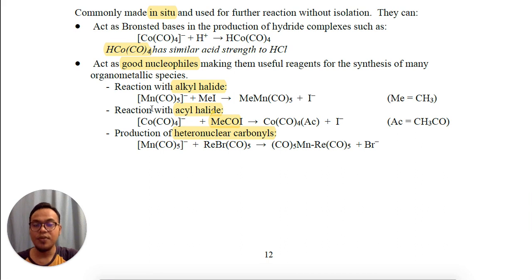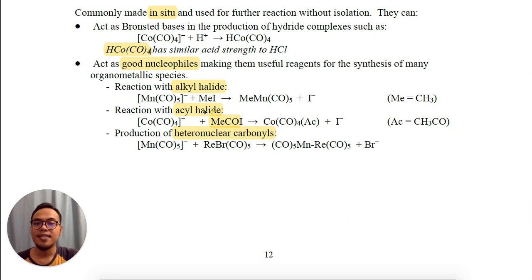So if your carbonylate is now categorized as nucleophile, your alkyl halide in this case is an electrophile. So it will remove iodide away. So metal will be attached to your complex. So this is the product. Okay, so Me is metal anyway.